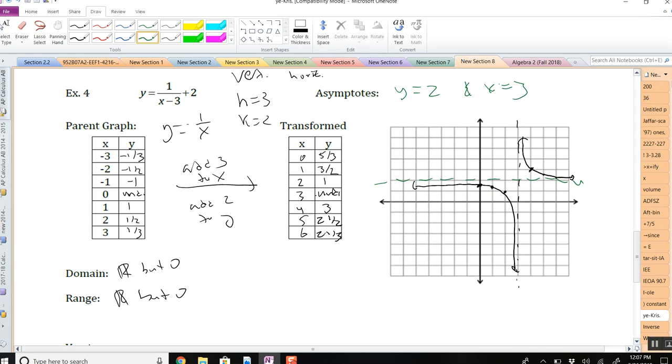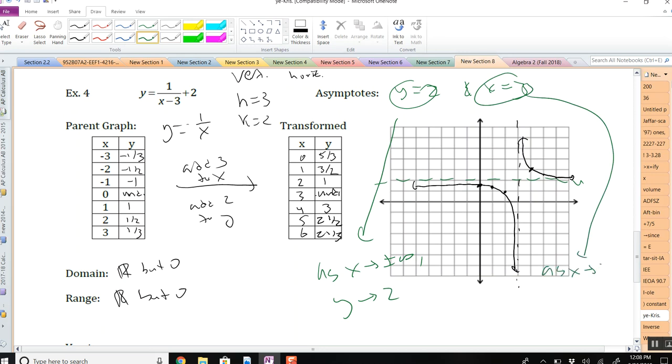Now, again, you could memorize this h and k. If you do, I will not be very happy, because you have to understand why it is y equals 2. As x approaches positive or negative infinity, y is approaching 2. It's pretty obvious. Make x really big, it's going to get really close to 2. Make x really negative, going the other direction, it's still going to be approaching 2. Why is this happening?